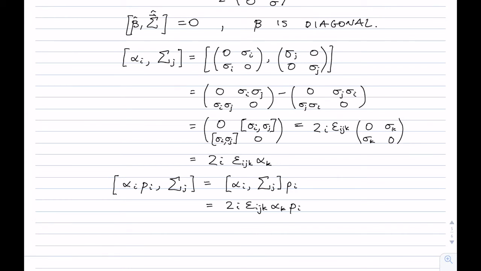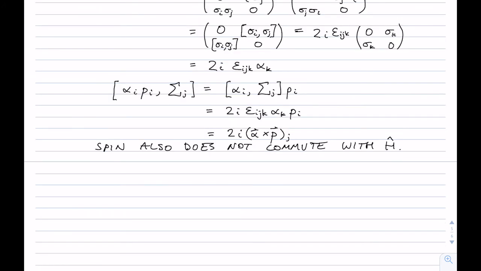And because epsilon_ijk is antisymmetric, we can rotate those indices as well, and we will get 2i alpha cross p in the j direction. Right. So spin also doesn't commute with alpha dot p.